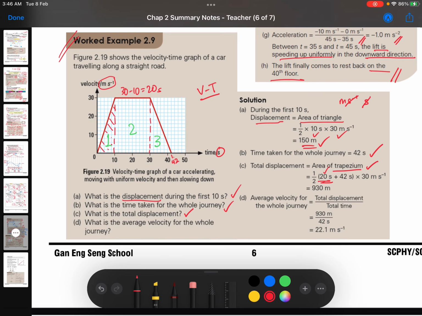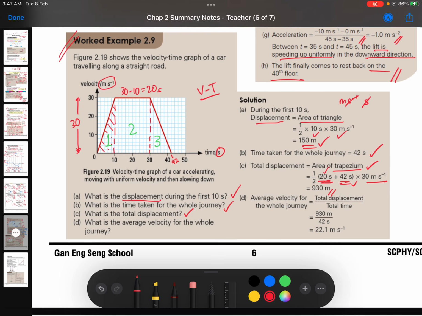Is 20, but the bottom is 0 to 42 seconds. So what you do is you take the shorter length and the longer length, and then you halve it, right? Then you get the average length. Then you multiply by the height. In this context, right, the height is 30 meter per second. So with that, right, you have meter per second multiplied by second. In the end, what you get is distance.